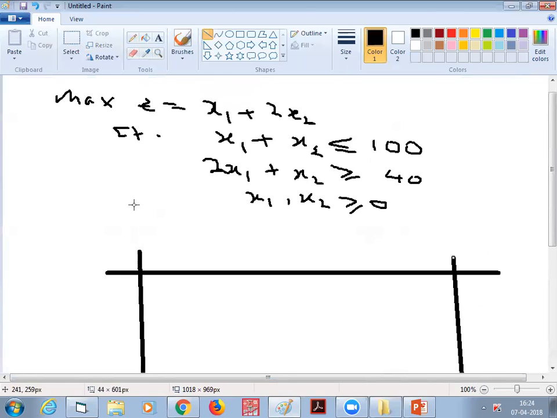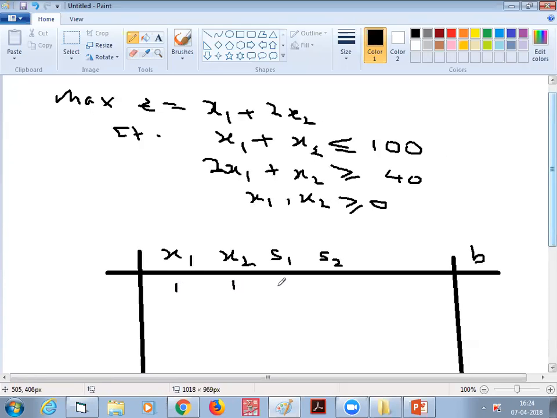Okay, so what are the variables? x1, x2. Then slack, first one is slack S1, second one is surplus S2, and you'll see I've intentionally kept some space there. There's a reason, we'll see in a minute. So let's write down our constraints now.